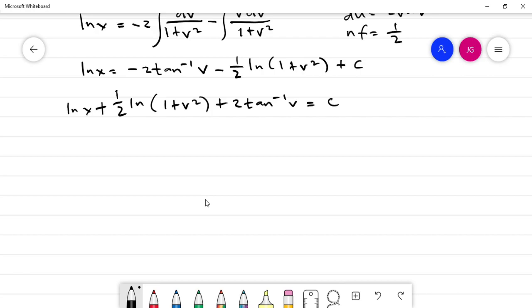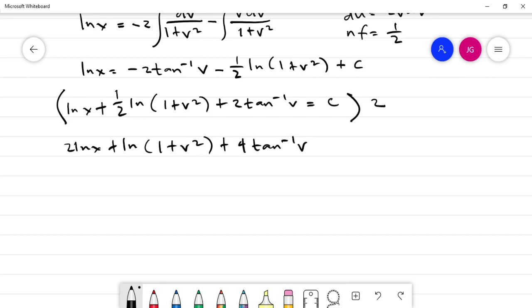Okay. Next step para makombine na to ang atuang equation. Para hawa na to si 1 half, guys, we need to multiply both sides by 2. So we have 2 ln x plus ln 1 plus v squared, then plus 4 arctan v, then 2c.